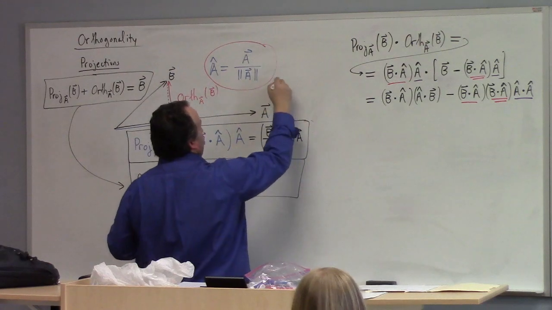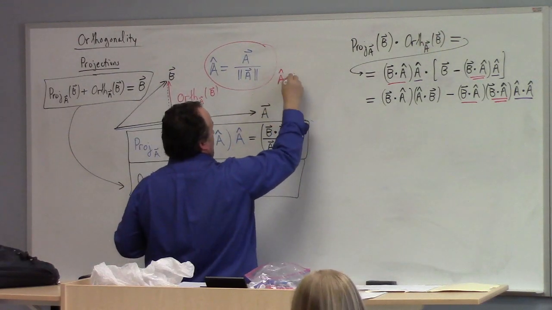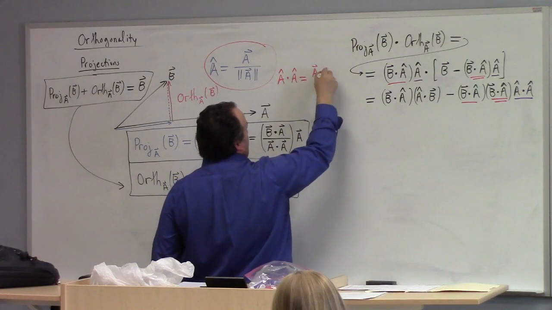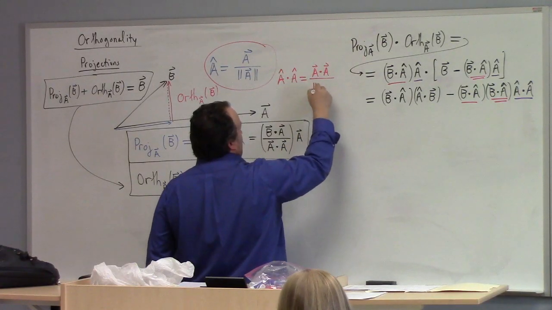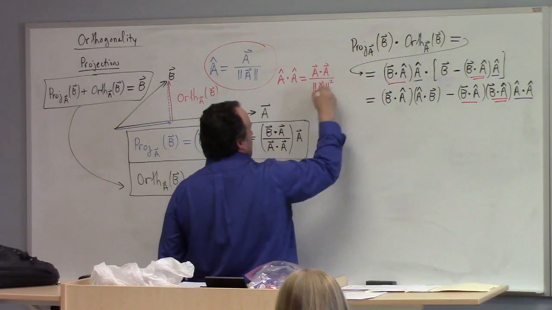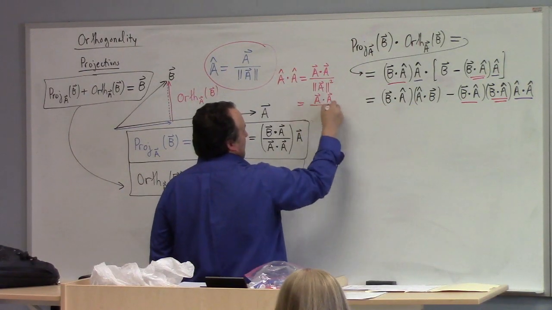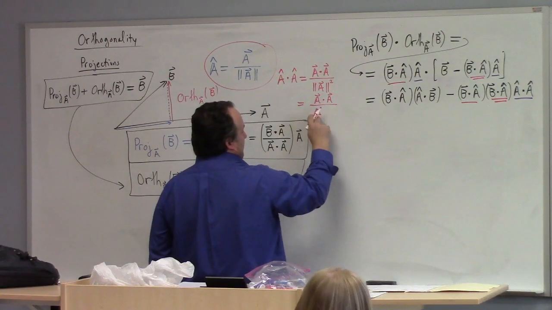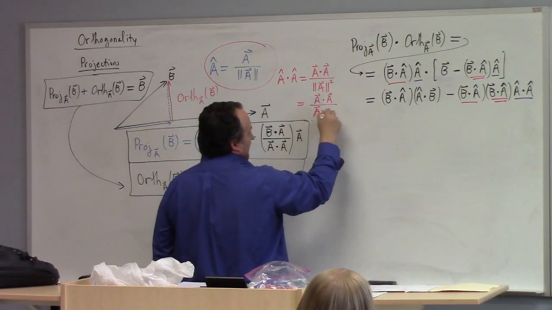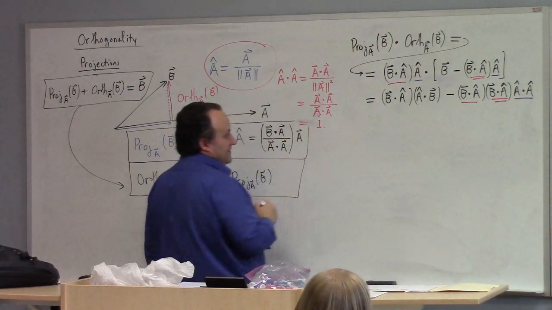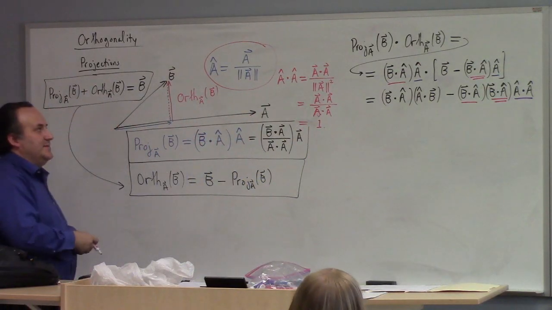What's A hat dot A hat? Yeah, we got A dot A divided by the length of A squared. But what was the length of A? So that's A dot A over A dot A, and you're telling me it's 1, and that is correct. A hat dot A hat is 1.